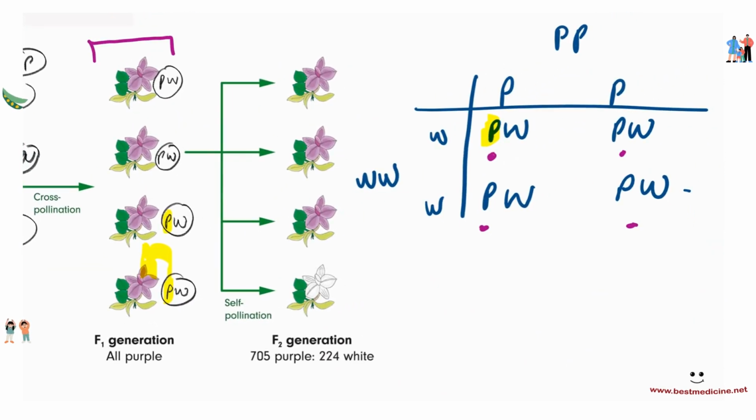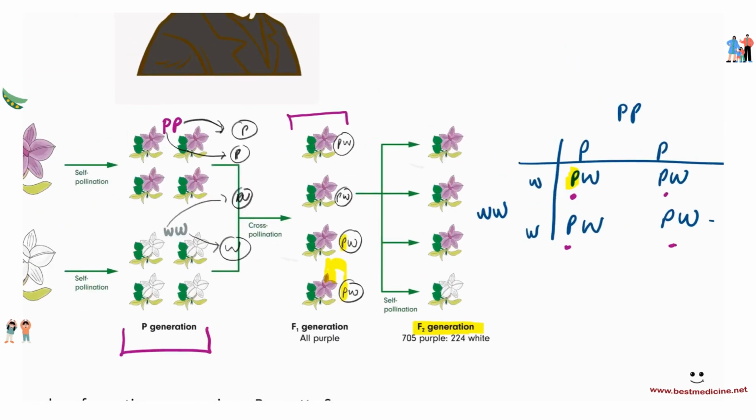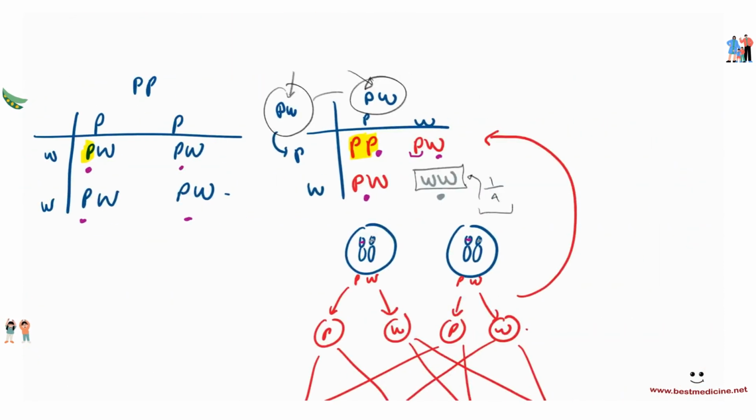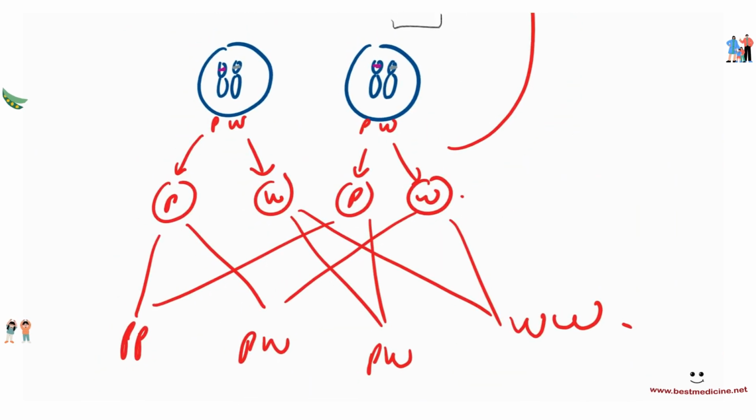And therefore, he observed that in his second generation, F2 generation, around 25% of all the offspring were white. This means that white is recessive, purple is dominant, and that genes are being segregated just before fertilization, just before sexual reproduction.